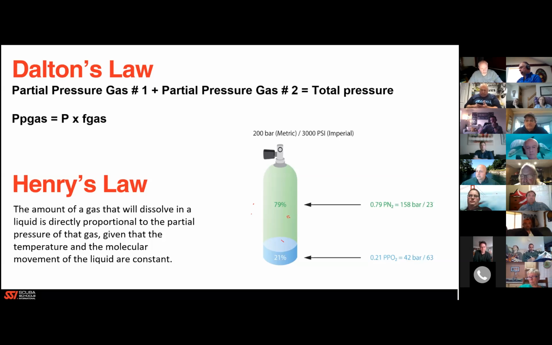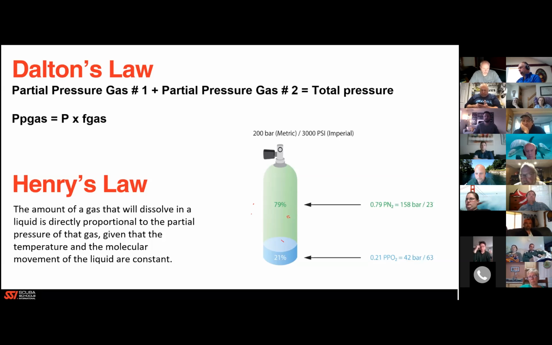At 33 feet, there's twice as much pressure as at the surface, and it increases another 1 atmosphere for every 33 additional feet. At 130 feet, we'd be at about 5 atmospheres of pressure. Keep in mind that the partial pressure of nitrogen and oxygen in our delivery system is also increasing. This actually begins as soon as you start your dive.